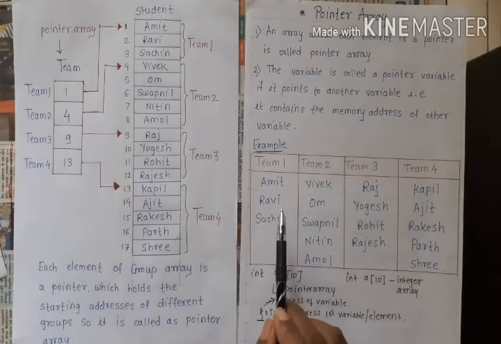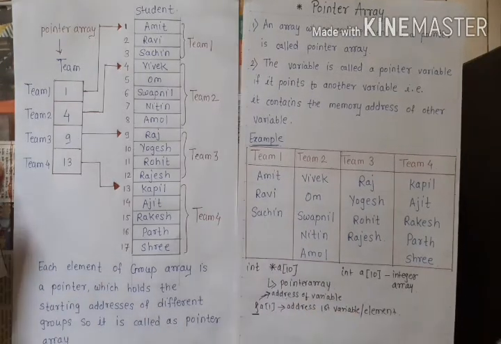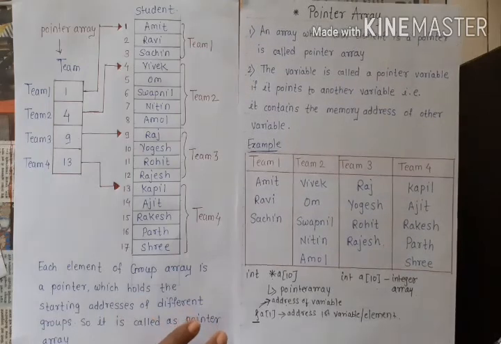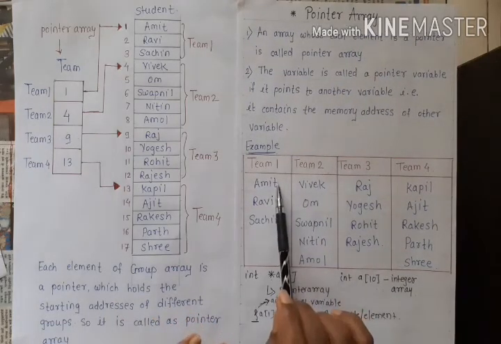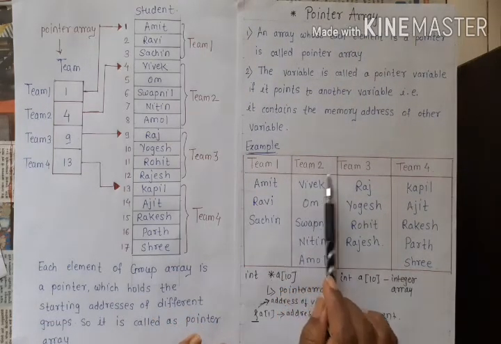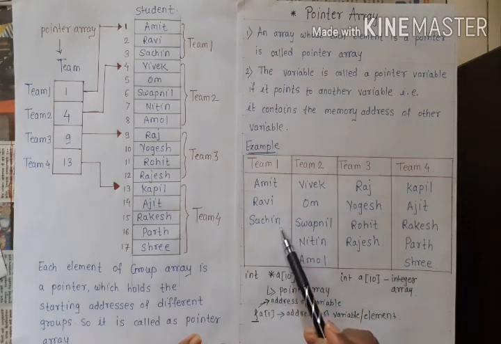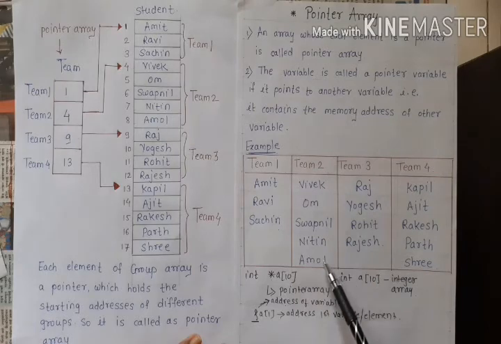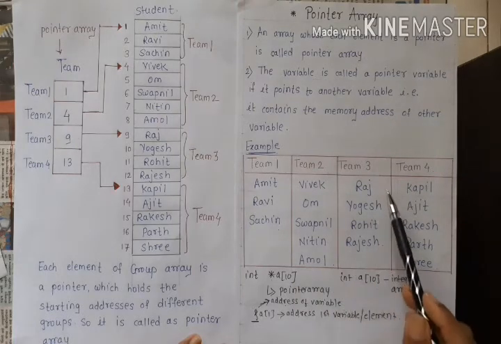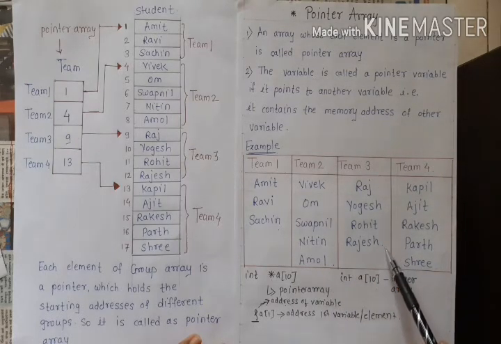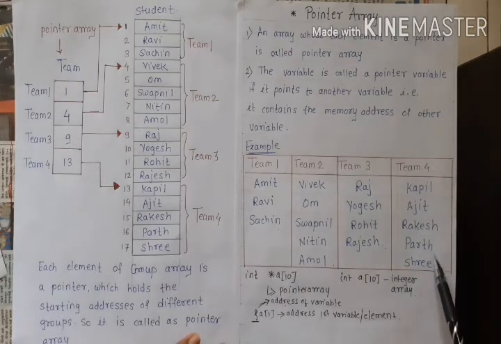Now see, take an example. Consider 4 teams: team 1, team 2, team 3, team 4. In team 1, 3 students are there. In team 2, 5 students are there. In team 3, 4 students are included. And in team 4, 5 students are included.